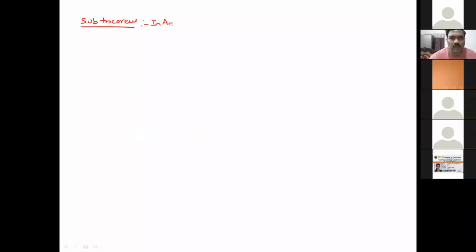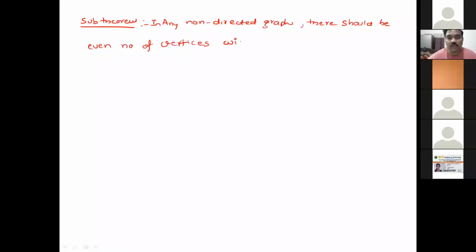In any non-directed graph, there should be an even number of vertices with odd degree.